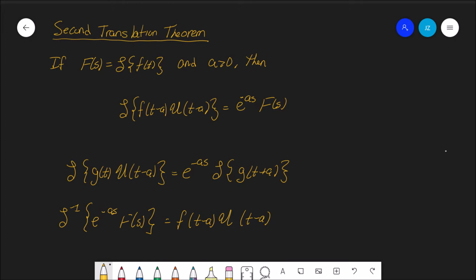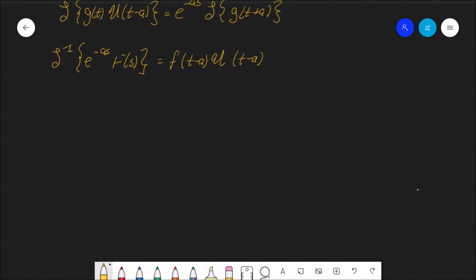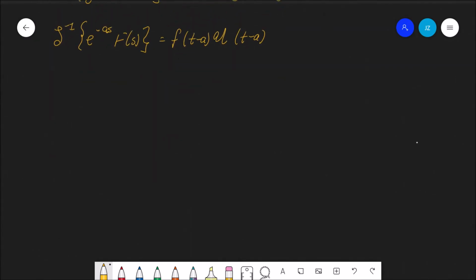So we're going to use the second translation theorem to solve the initial value problem. y prime plus y is equal to 0 whenever 0 is less than or equal to t less than pi, and it is 3 cosine of t whenever t is greater than or equal to pi.